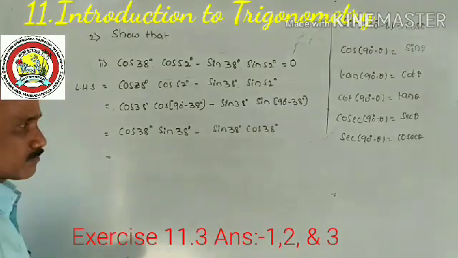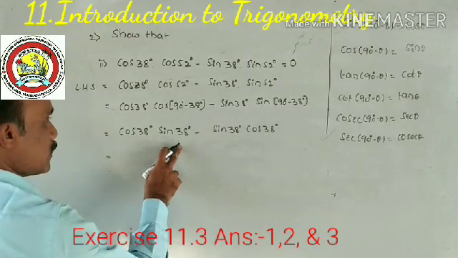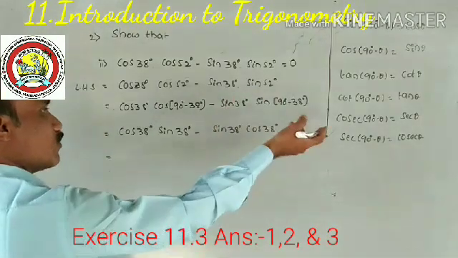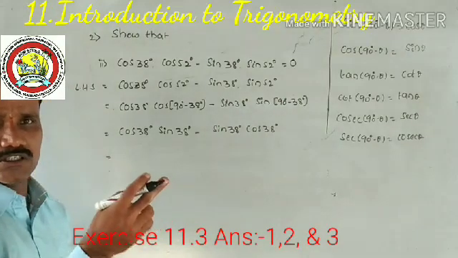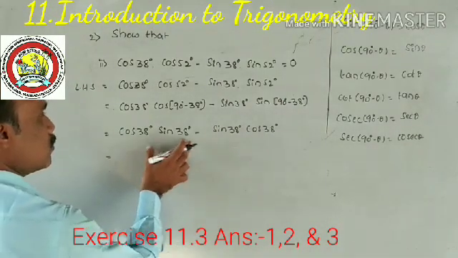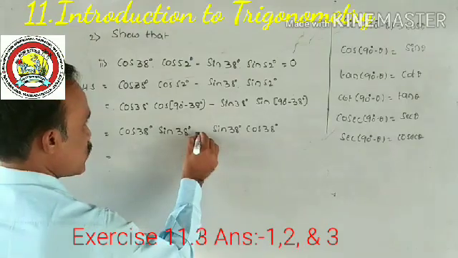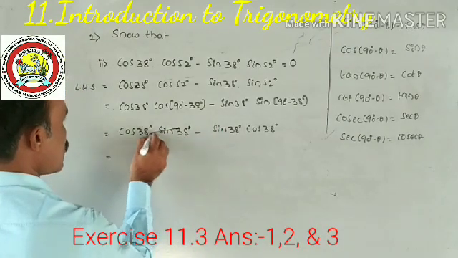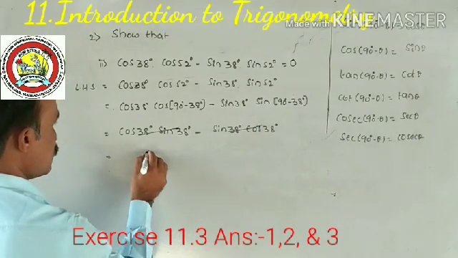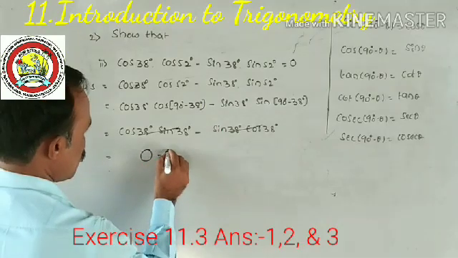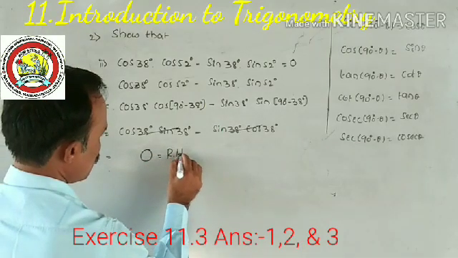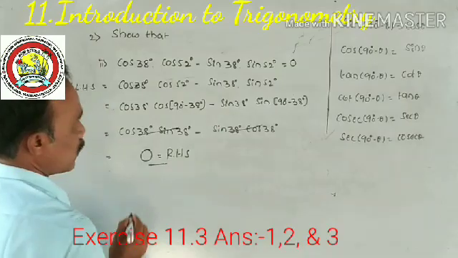Both are the same terms: cos 38 into sin 38 minus sin 38 into cos 38. A into B is the same as B into A. Similarly here, both are the same terms, but between these two there is a minus sign. So it cancels and is equal to 0. So this is the RHS part.